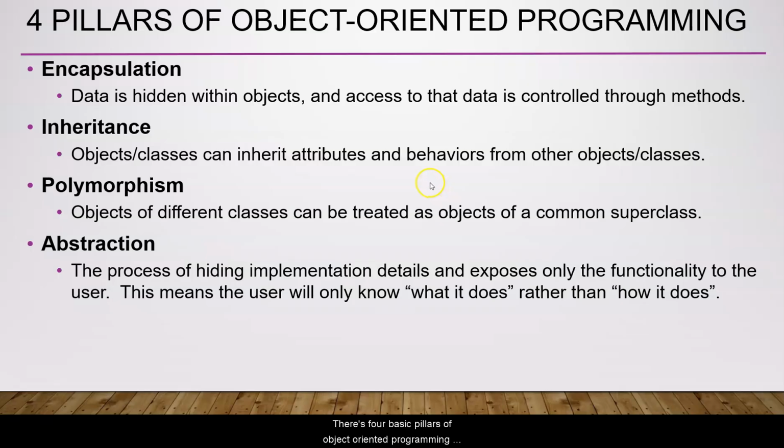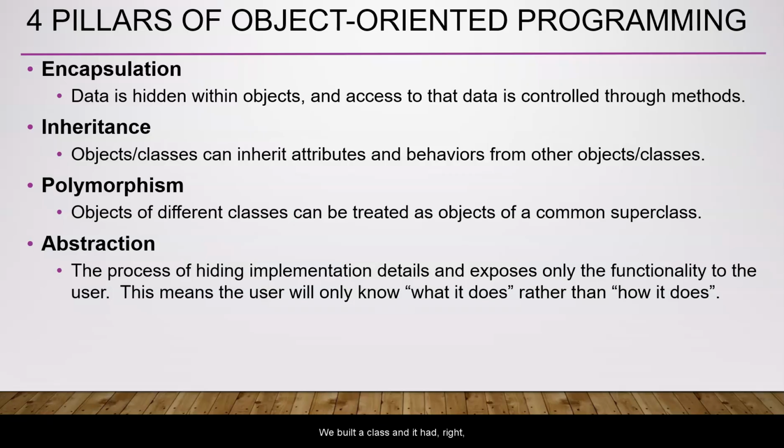There are four basic pillars of object-oriented programming, and those four basic pillars are encapsulation, inheritance, polymorphism, and abstraction. We've already talked about encapsulation, because that is basically the process of building a class, right?